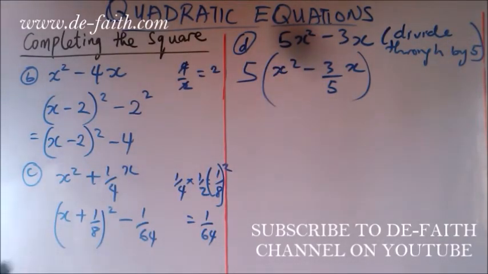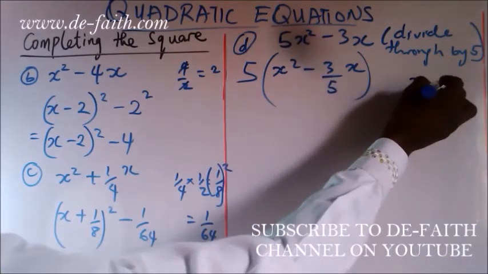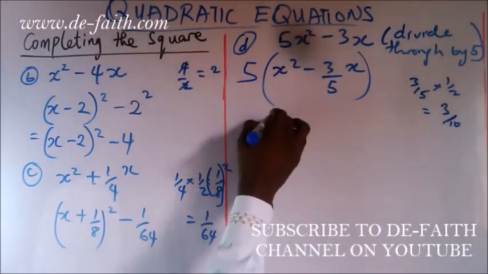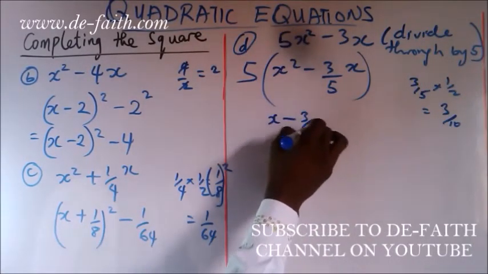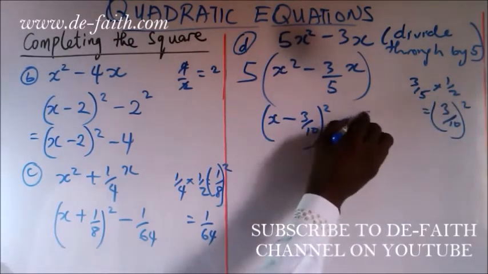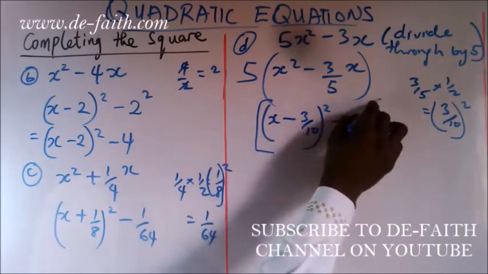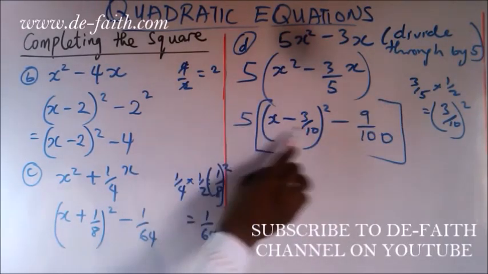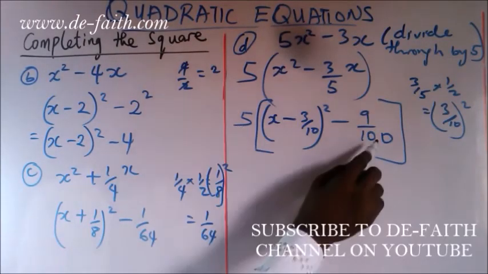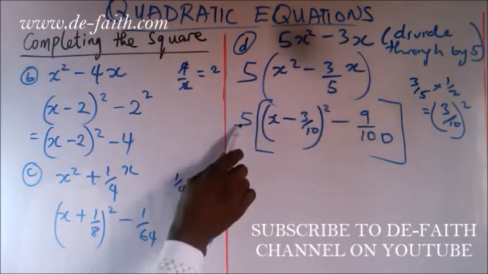So the next thing we have to do is look for half of 3 over 5. Half of 3 over 5 gives us 3 over 10. So we'll have (x minus 3 over 10) all squared, then minus the square of this. That's 3 times 3, which is 9, and 10 times 10, which is 100. And don't forget that we still have our 5 over here; the 5 envelopes everything. So now this 5 multiplies this and the 5 also multiplies this.